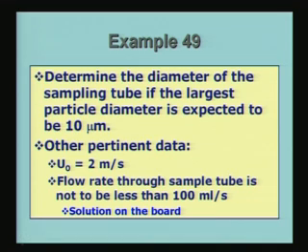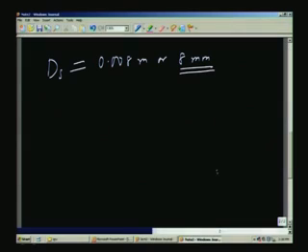So, let us look at the possibilities. One possibility is to collect the particulates only.